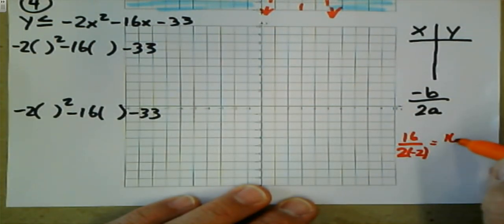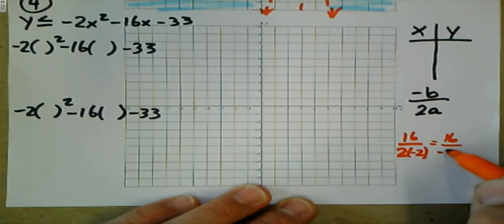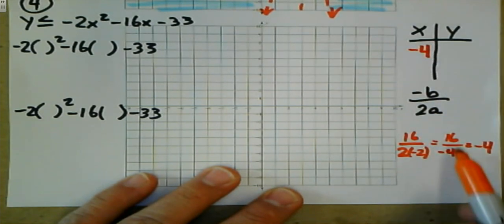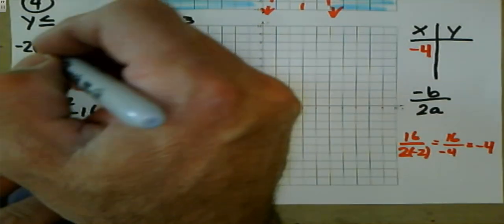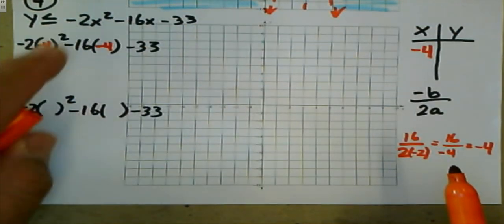The top is done, 16, but we do have to clean this up. 2 times negative 2 is negative 4. And then we divide. 16 divided by negative 4 is negative 4, because one of them is negative. So that's the first number we'll throw into our parentheses, or what we substituted for our x.